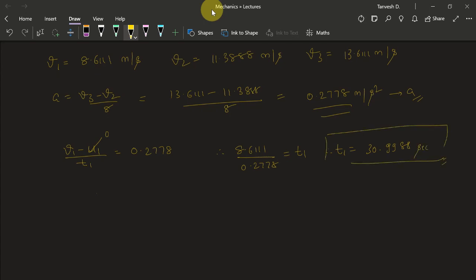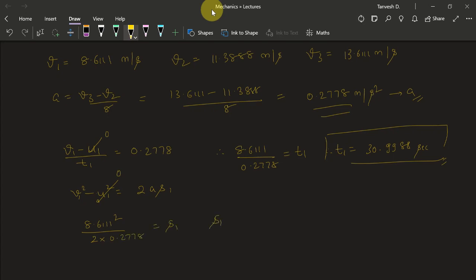and from this I think we can find, or I guess we could have also used this equation, v square minus u square is equal to 2as, right, because only s was supposed to be found out. So this is 0. v1 square minus u1 square is equal to 2as1, right? So v1 we knew it is 8.6111 square upon 2 into acceleration 0.2778 is equal to s1.